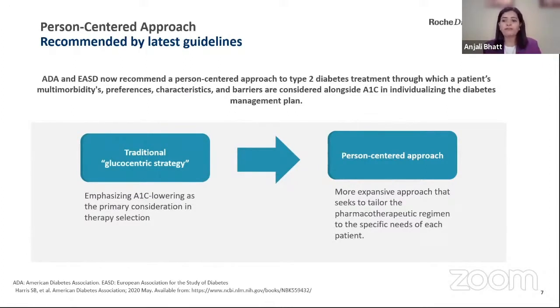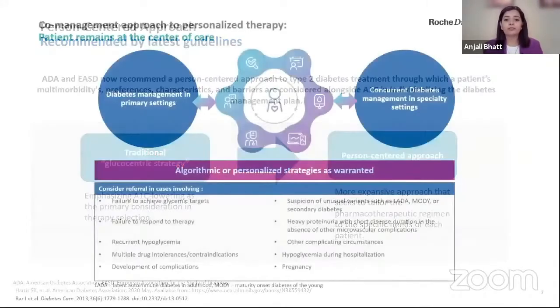But now we have evidence and trials which suggest that one thing might be better than the other for one profile of patient compared to another. So before we choose an anti-diabetes drug, we need to form a mental impression of a person's profile, and then decide one drug, one nutrition plan, one exercise pattern, one monitoring pattern, and one follow-up pattern for that particular person.